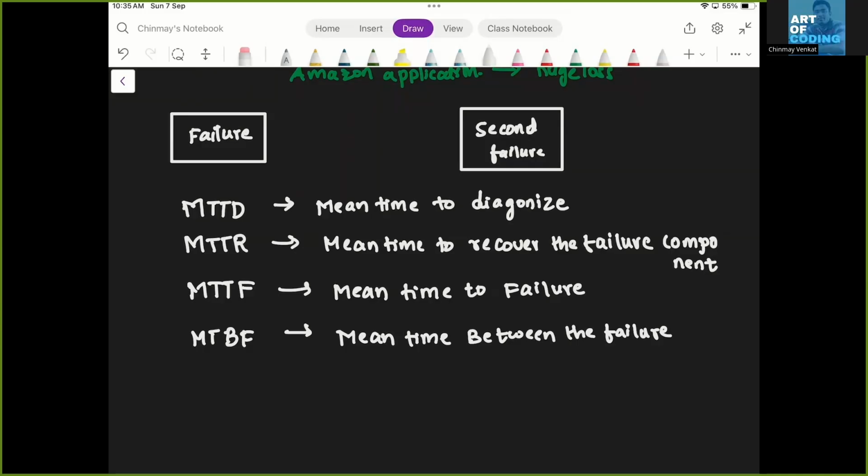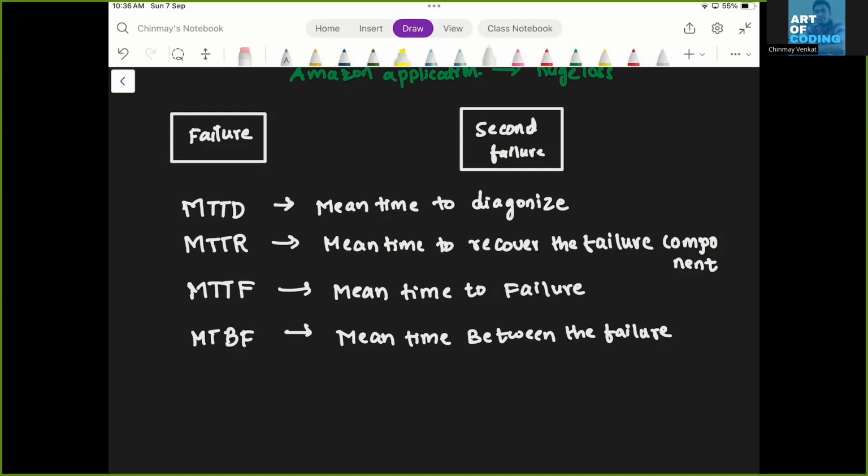The time from recovering the problem to the time another problem happens is the mean time to failure. And mean time between failures means the first failure happens, we diagnose the problem, and it is fixed. Later, after some time, the second failure happens. The time from the first failure to the second failure is measured as the mean time between failures.